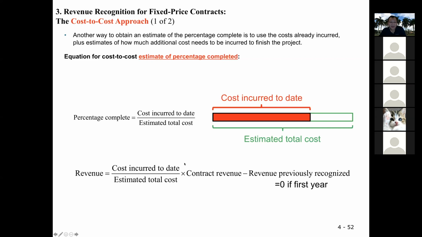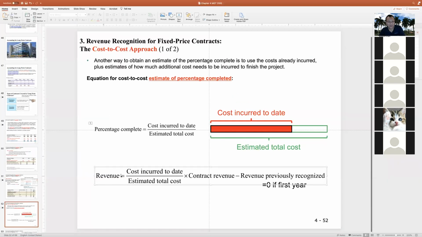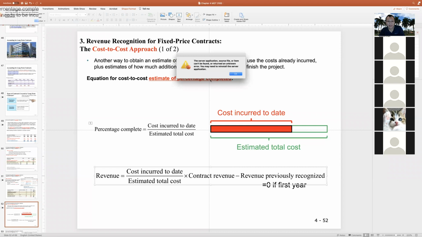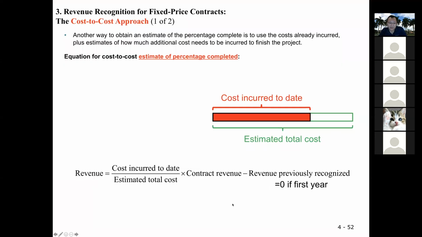Okay, awesome. So now the revenue I recognize for the current year. In the current year, the amount of revenue I can recognize equals the revenue I should recognize up to this point minus the total revenue I recognized previously.